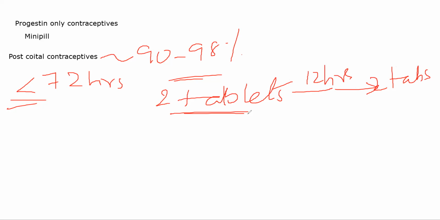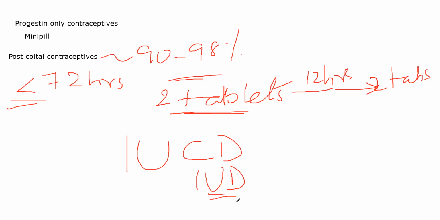If this is not possible, you can use an IUD, an intrauterine contraceptive device, also called IUCD. You can go to a doctor and get that. Generally that can be used within 5 days of coitus to prevent pregnancy.